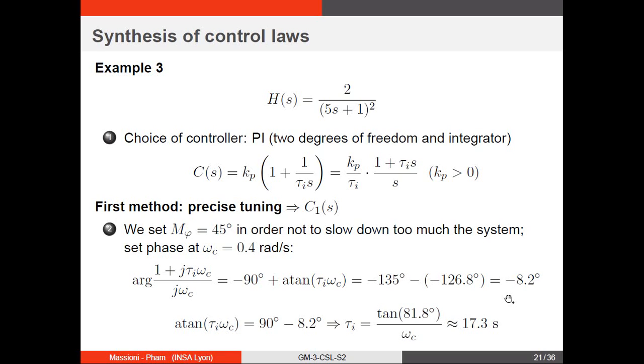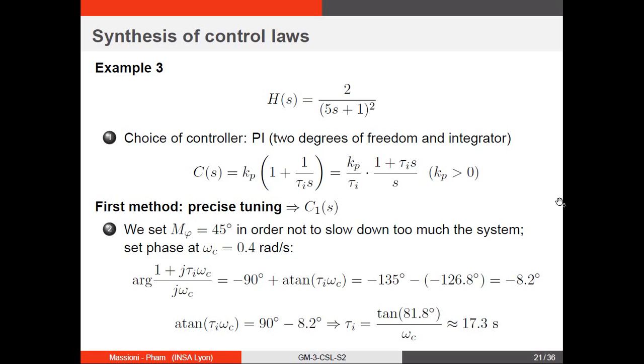So if you want a system that reacts quickly enough, you should not pump up the phase margin too much. So it makes sense to keep it around 45 degrees in this case, but in general something between 60 and 30 degrees should suffice. You don't need to push it higher than this. Anyway, this is the case in which we have made the choice of tuning it exactly at 45 degrees.